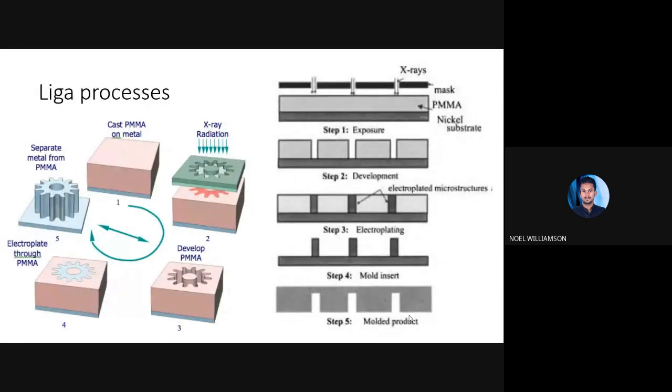So how we can produce or manufacture a microstructure through the LIGA process, that we will see. This is the basic diagram or setup of the LIGA process.